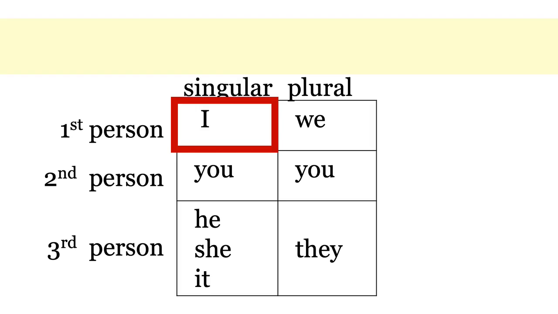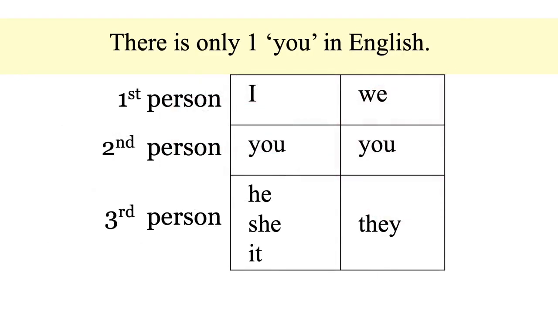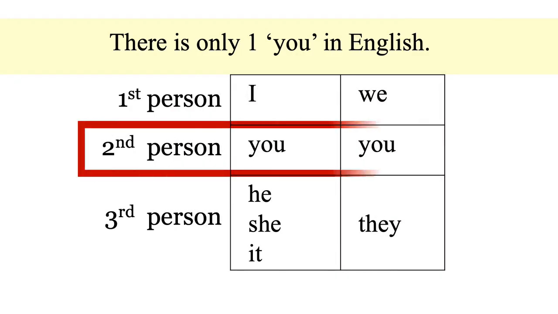First, notice this I. The pronoun I in English is always a capital letter. There is only one you in English. Notice that singular you and plural you are the same.